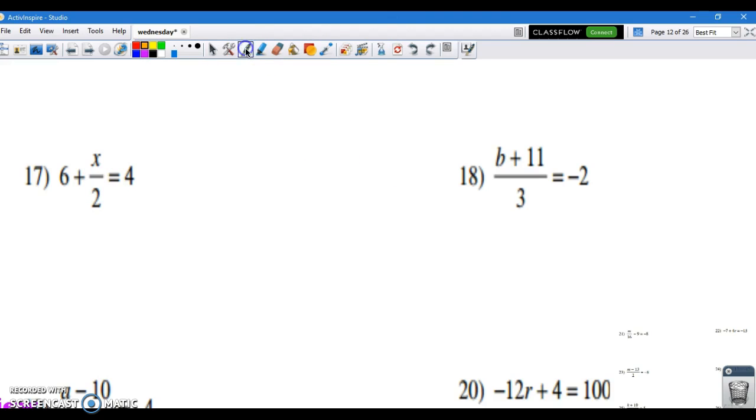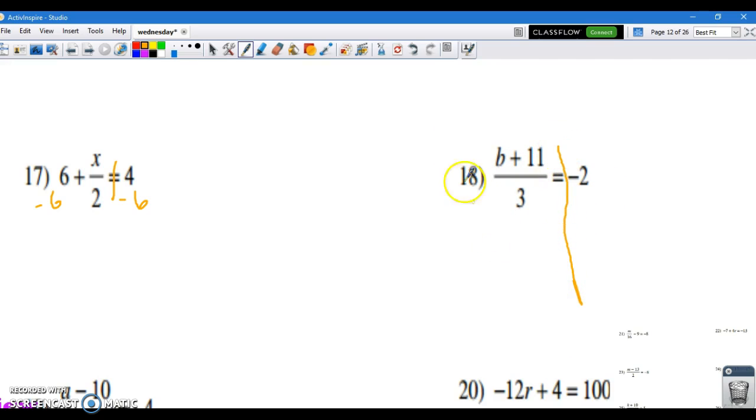What's happening is when you have a fraction with a whole bunch of junk on the trunk, you want to do multiplying or dividing first. Remember, fractions like this, no junk in the trunk, we did the adding or subtracting first. But when fractions have the junk in the trunk, you're going to multiply or divide first.